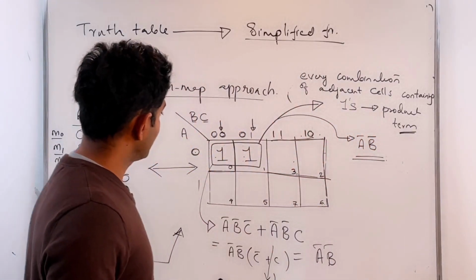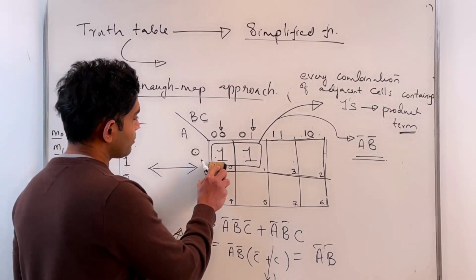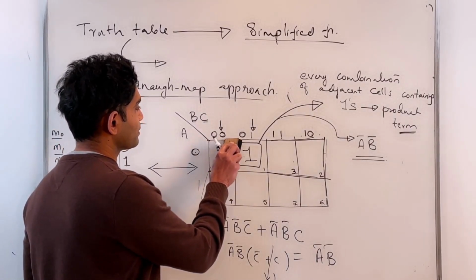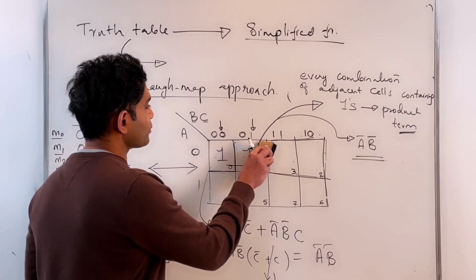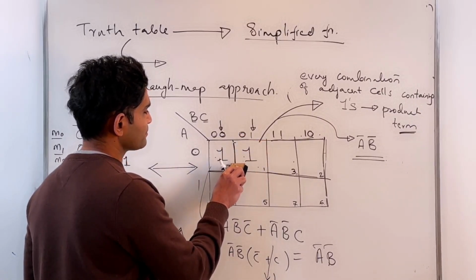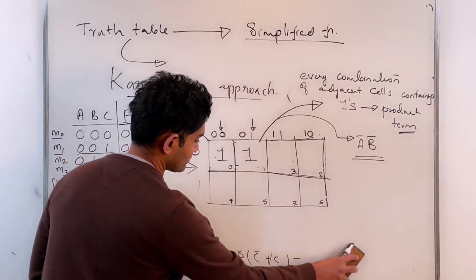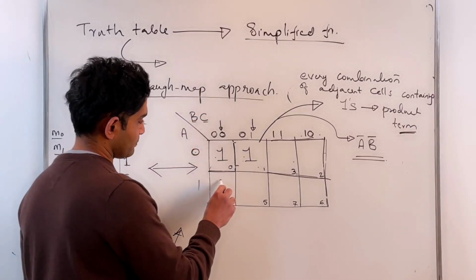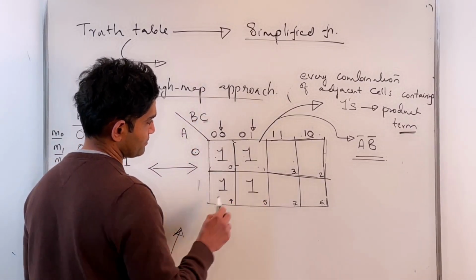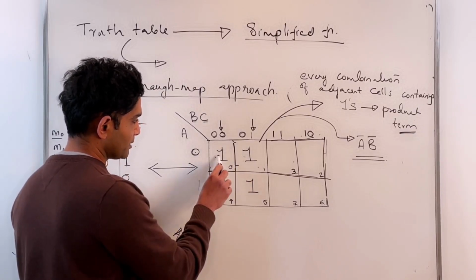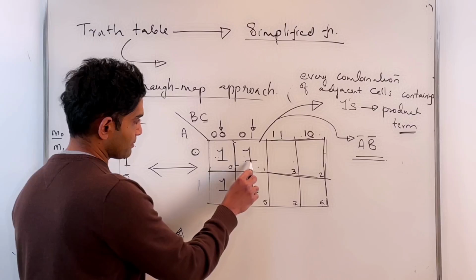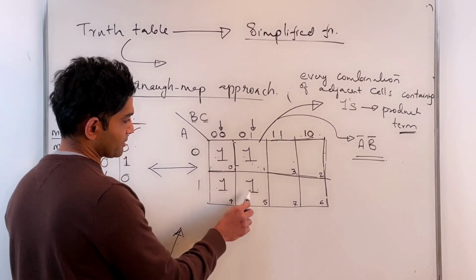Okay, so that's good. Now let's say instead of just 2 adjacent cells, what happens when I have 4 adjacent cells like this? So this cell is adjacent to this cell, this cell is adjacent to this cell, this cell is adjacent to this cell, and this cell is adjacent to this cell.